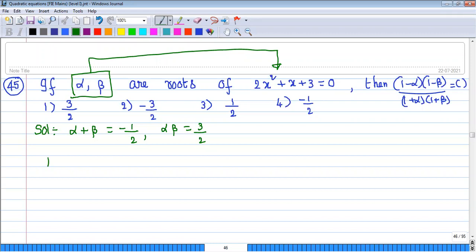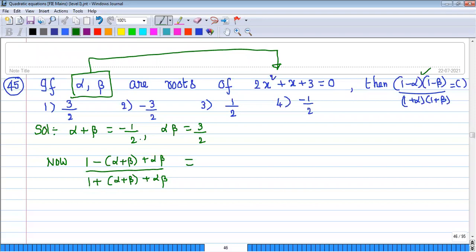So now let us simplify this one. Let us simplify the numerator. That we can write 1 minus alpha plus beta plus alpha beta. The denominator we can write 1 plus alpha plus beta plus alpha beta.